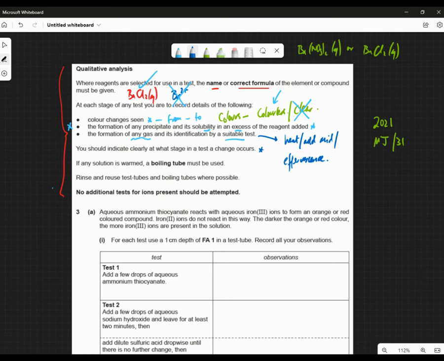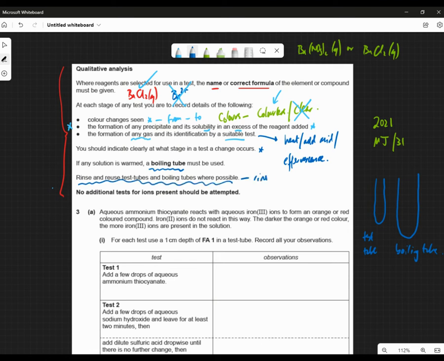If a solution is warm, we've got to use a boiling tube. If you heat a solid, we use a test tube. If we heat a liquid, we use a boiling tube. So the small one is called a test tube, and the big one is called a boiling tube. We should all know that at our ages. If you finish the ones you're given, you've just got to rinse them out.